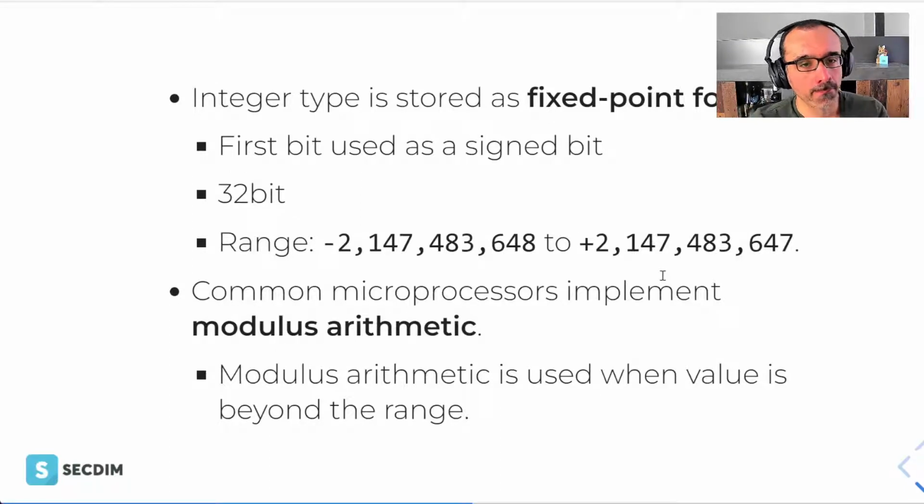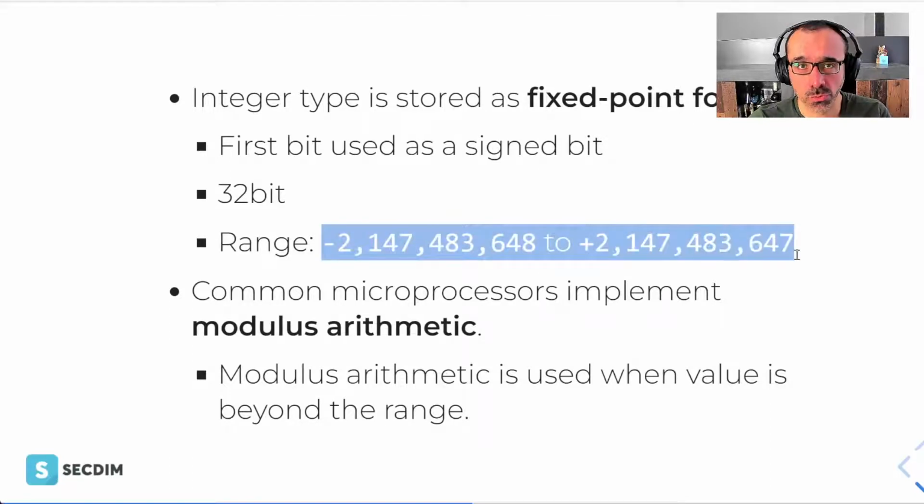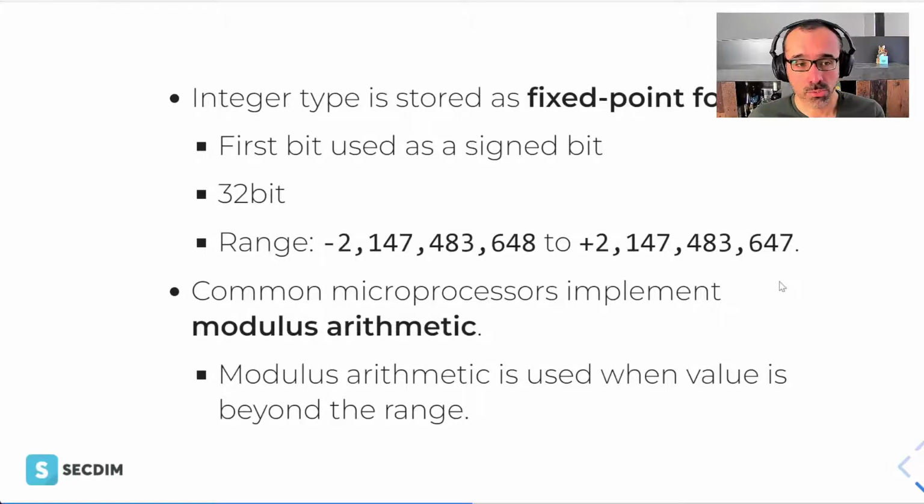Reason number two, why this wraparound happens, has to do with microprocessors. CPUs implement what is known as modulus arithmetic, which is used when a value goes beyond the range that the register can store. Why there is such a design decision on a CPU is not in the scope of this talk, but it is something by design that we are limited to.